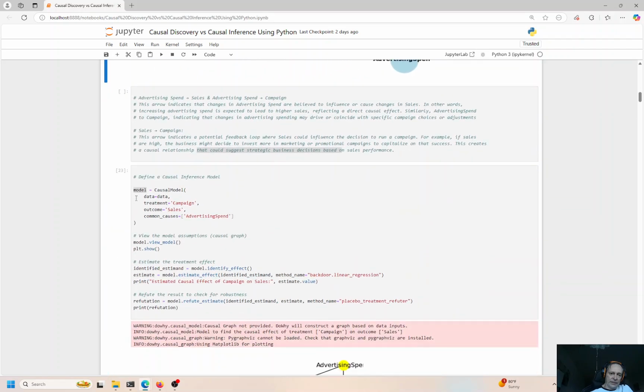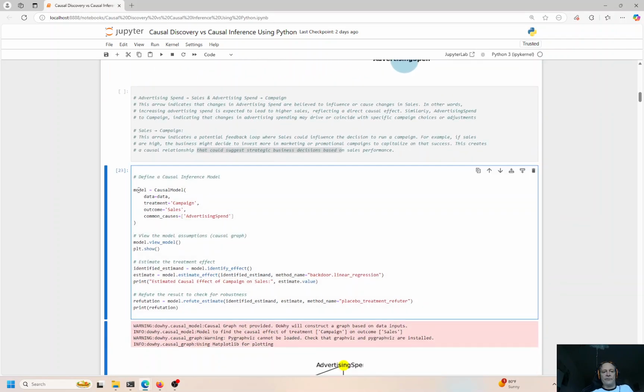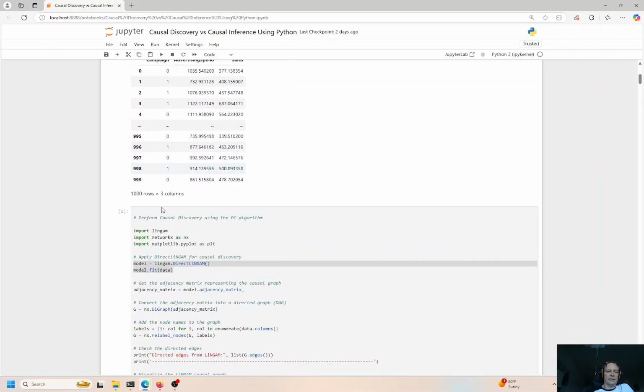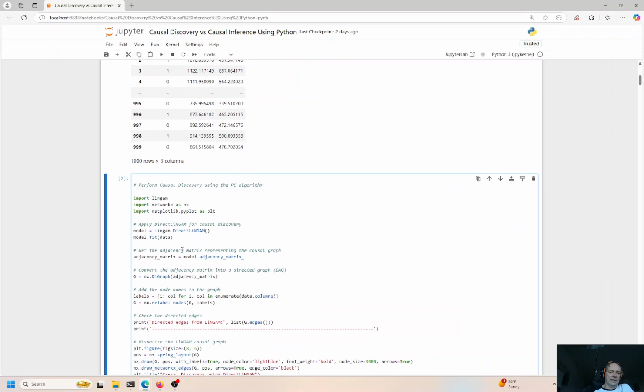Now we know there's a relationship, right, between the different features. So we're creating a model, and we're telling it what the data is. We're feeding the data. The treatment is the campaign. The outcome is the sales, and the common cause is the advertising spend. So these models are very different. Over here, you have a very general model, right?